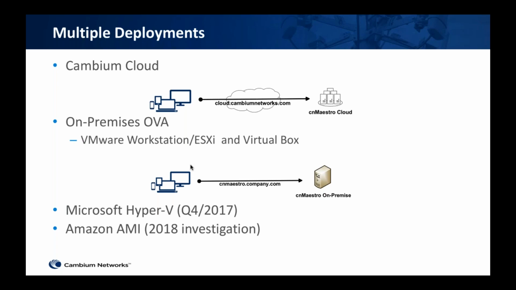I heard that some customers are running it on the hypervisor provided by Microsoft, so it is also possible. The on-premises version is available as an image we provide. The Hyper-V version is not officially supported until Q4, but I know some customers that converted it to the Hyper-V version as well.